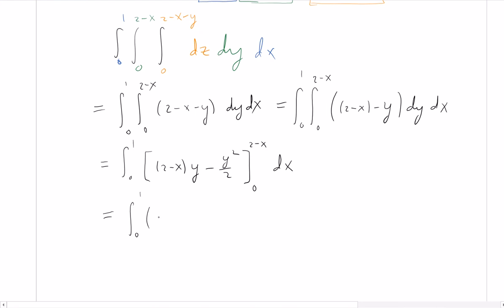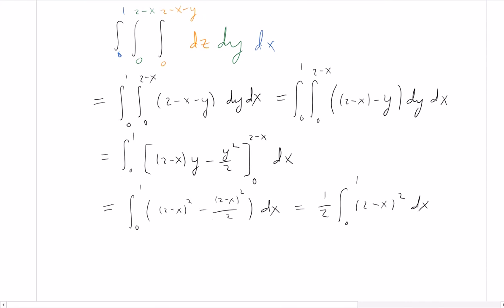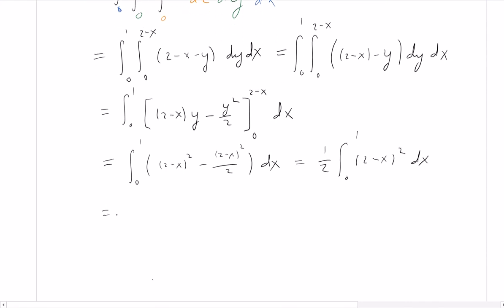For the first term, since we already have a 2 minus x, we get 2 minus x squared. And here we get 2 minus x squared over 2. And of course we can combine them and get 1/2 2 minus x squared. So let's multiply that out before we compute the integral. That's 4 minus 4x plus x squared.